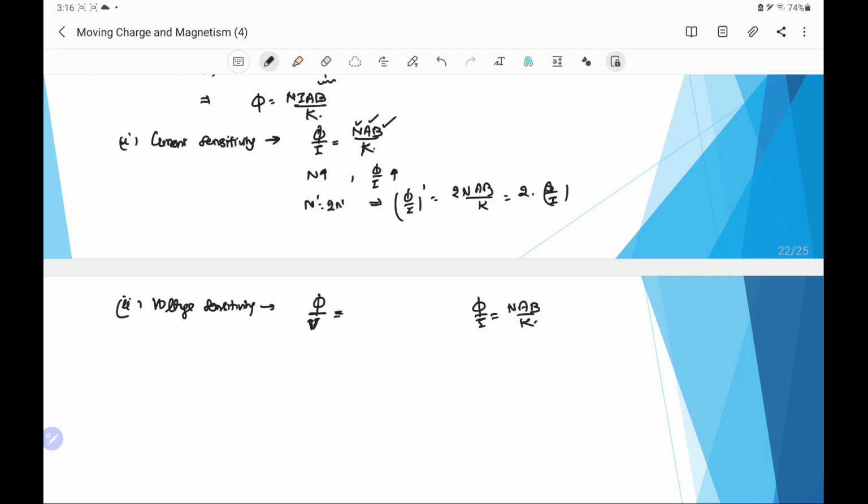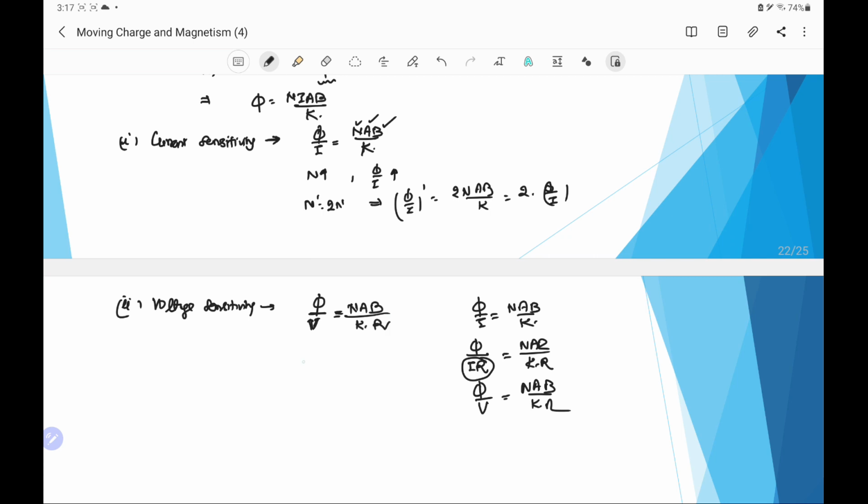This is the current sensitivity. If we multiply this with R, so this is NAB by k into R. This IR is the voltage, so we can write phi by V equal to NAB by kR. So we can write voltage sensitivity is NAB by kR.